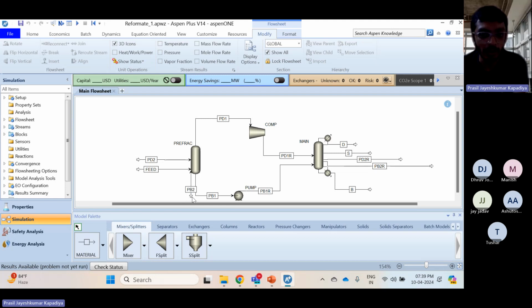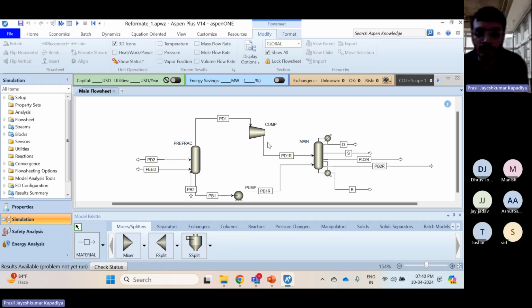Are you getting my point? What I am trying to say? Yes, sir. It is a recycle. Yeah, so these two inputs should be similar to these two outputs. That's why some initial guess is given to us, and we will simulate it. Then obviously our guess and this PD2R and PB2R will not be the same at the initial point.